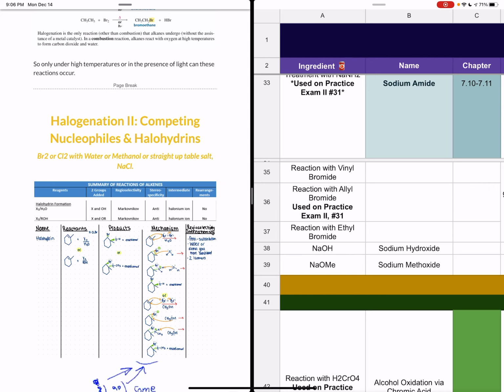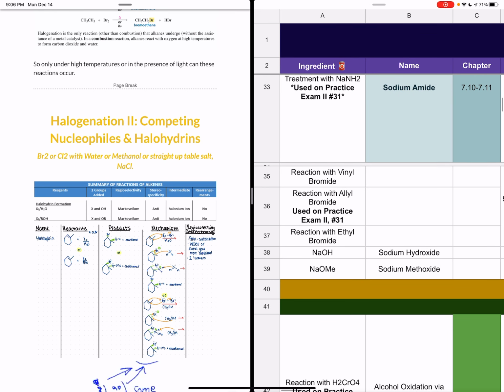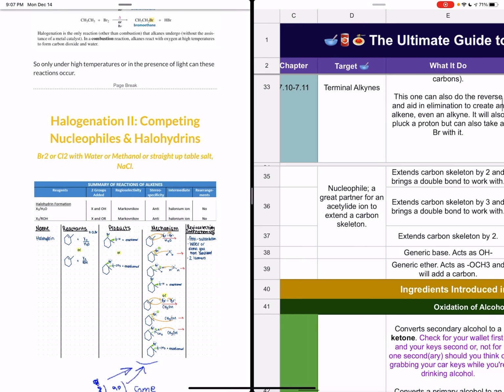Reactions with vinyl bromide, allyl bromide, and ethyl bromide are all ways to add carbons. A vinyl bromide would add 2 carbons, an allyl bromide would add 3 carbons, and an ethyl bromide would also add 2 carbons. But the cool thing about an allyl bromide and a vinyl bromide is that they're bringing a double bond with them that you can work with, okay?